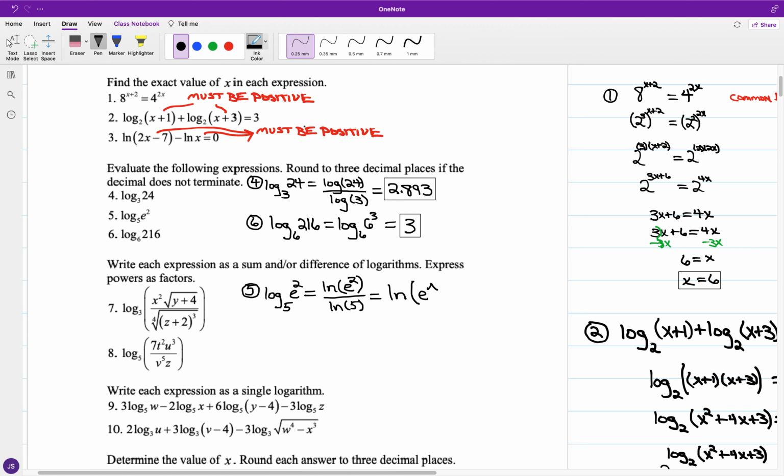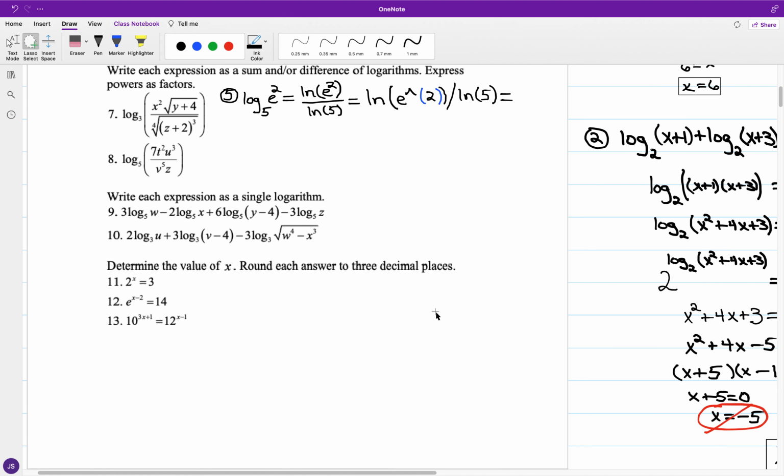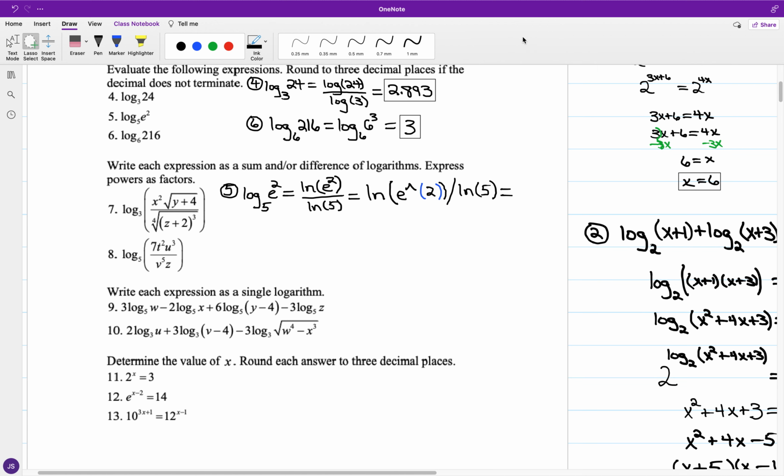If I have the natural logarithm of e to the 2nd divided by the natural logarithm of 5, to about the nearest 3 decimal places, this will come out to right at 1.243.